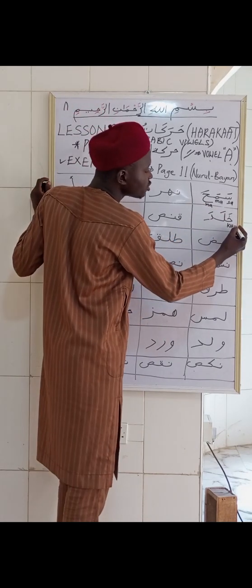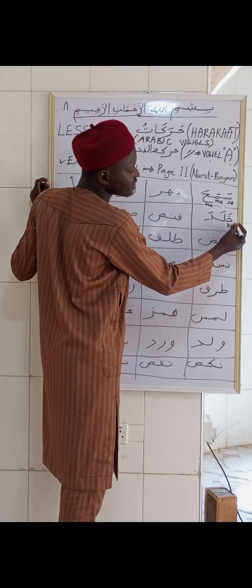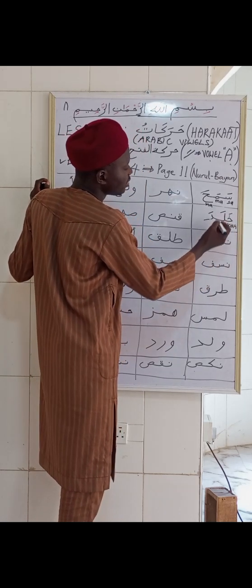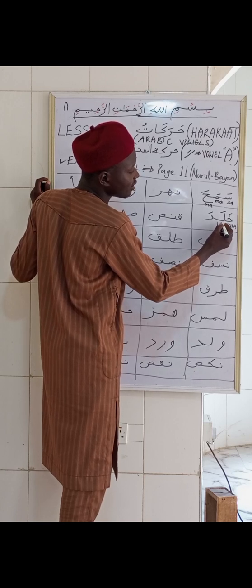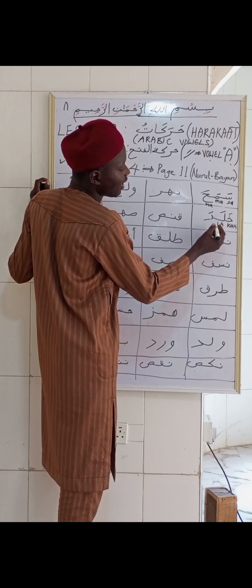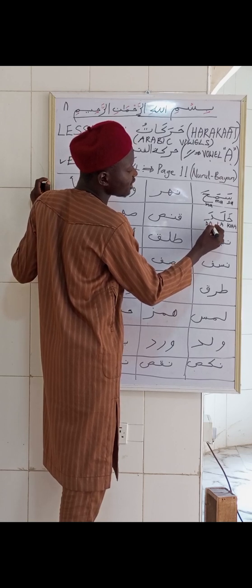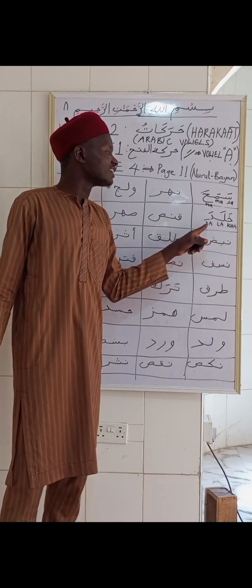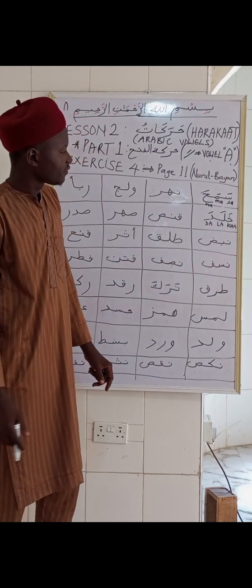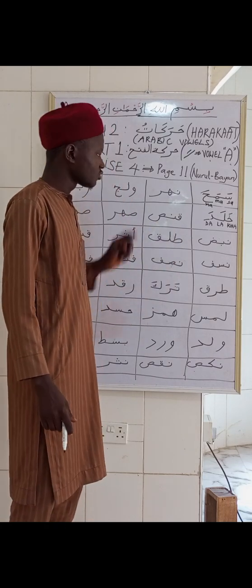If you put the vowel sound, the fatha, it is Kha. Lam is L. If you put the vowel sound, la. Dal is D. If you put the vowel sound, it is now Khalada.